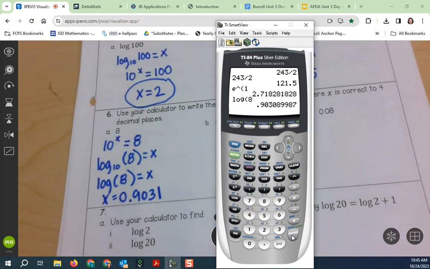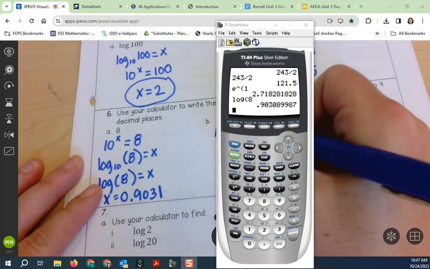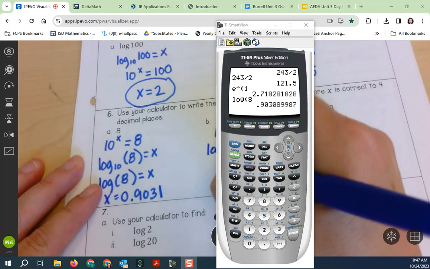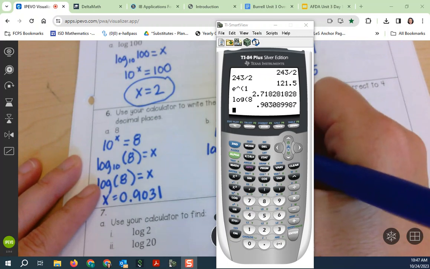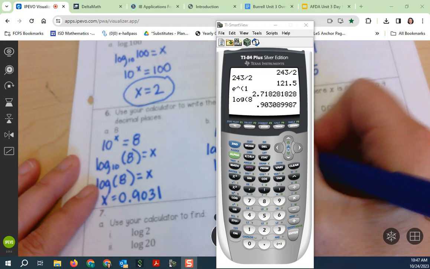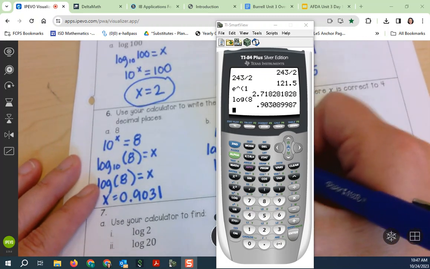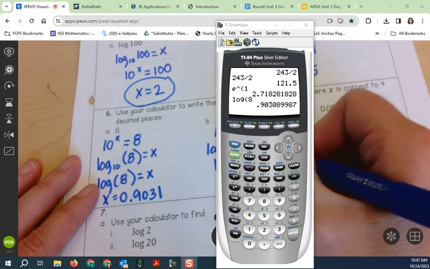All right, so do B and C, please. You can obviously skip the step of writing log base 10 once you know that it's just going to go straight to log of 800.